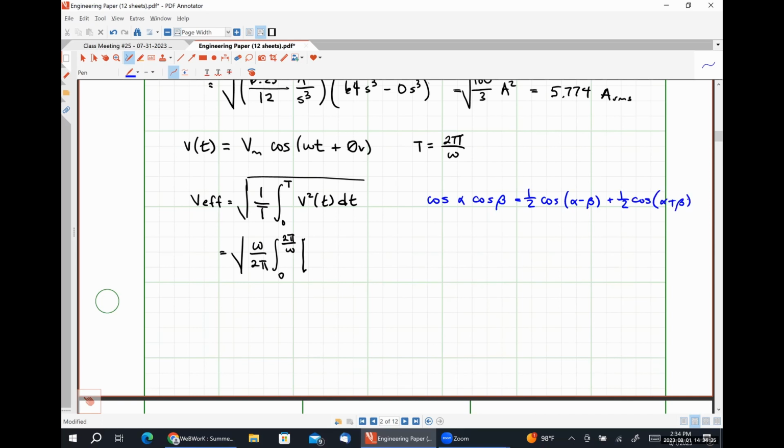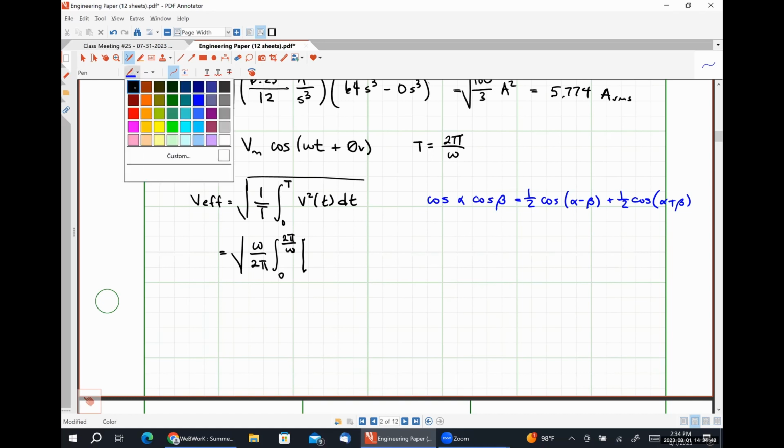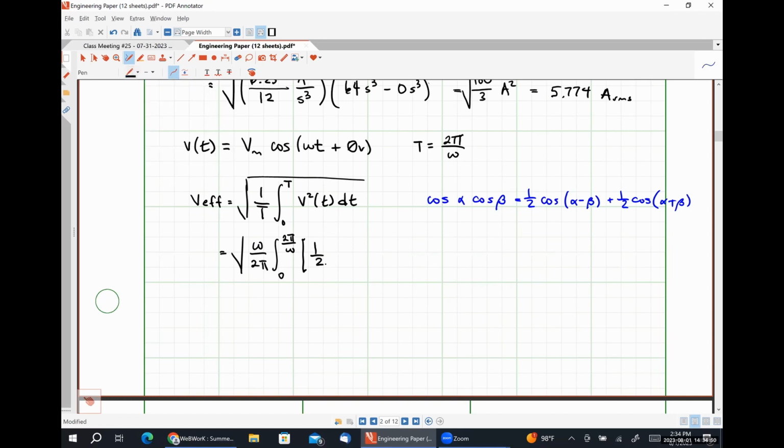This is the trig identity that we used yesterday when we were multiplying sinusoidal functions together. But here, alpha and beta are the same thing. So I'm going to have 1/2 times my magnitude squared times cosine of 0, which is 1, plus 1/2 of my magnitude squared times the cosine of twice alpha.